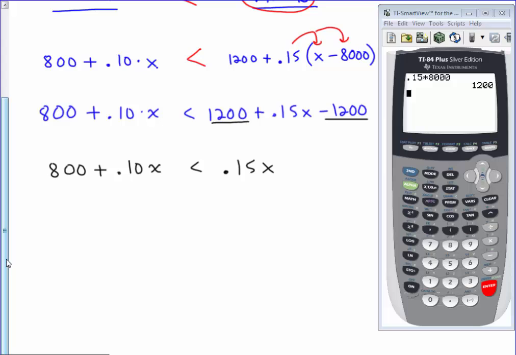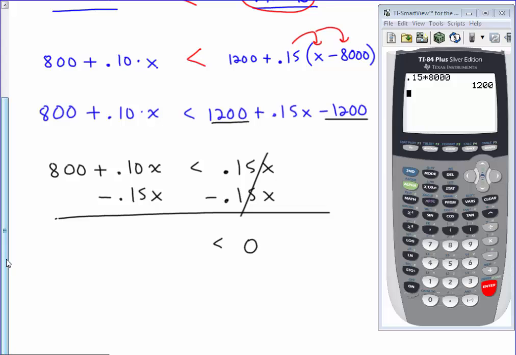Now be careful here. We see that we have x's on both sides of our inequality. I've taught you to always move your x's to the left-hand side. So in this case, you'd subtract 0.15x. The reason I say to be careful is that on the right-hand side, those cancel. You want to make sure that you leave a 0 on the right-hand side of the inequality.